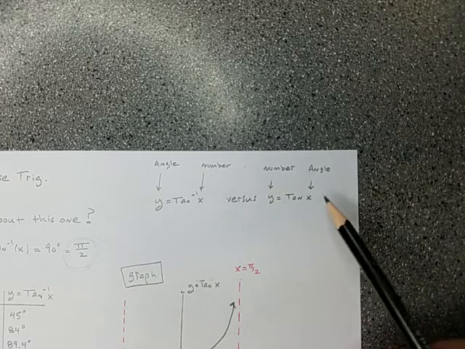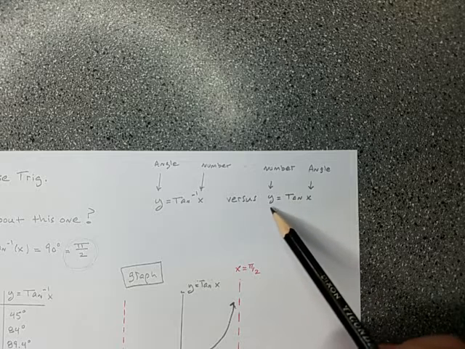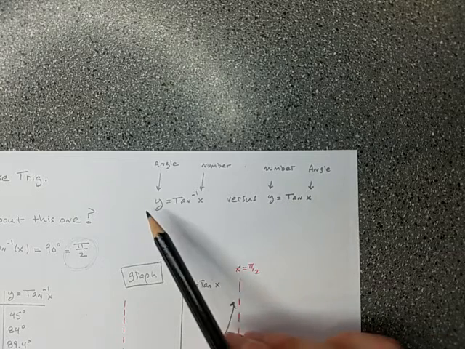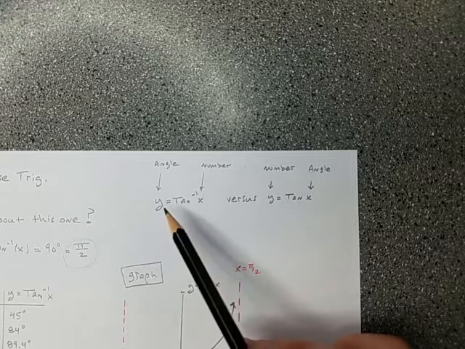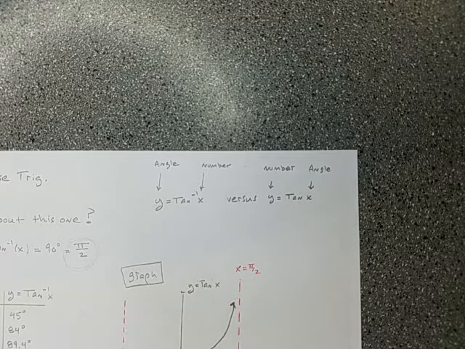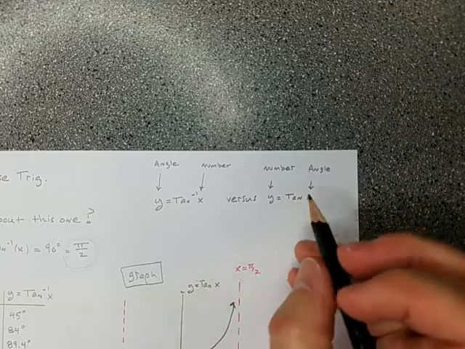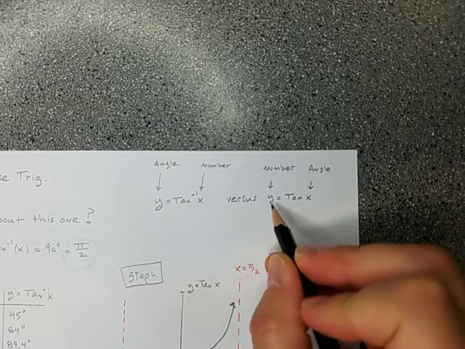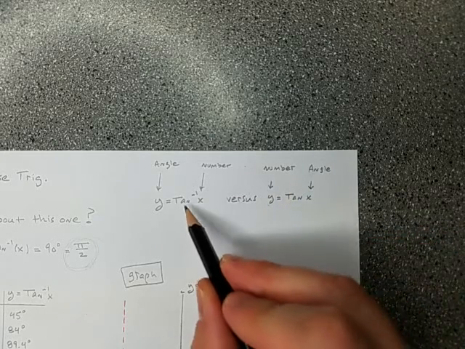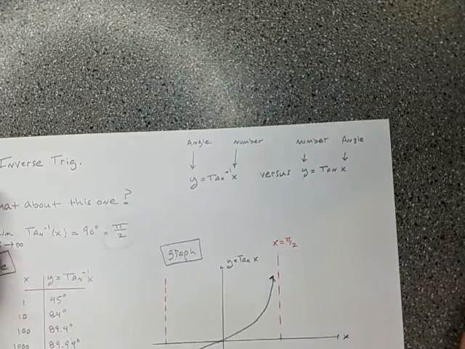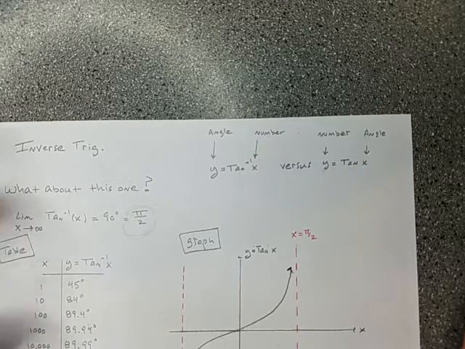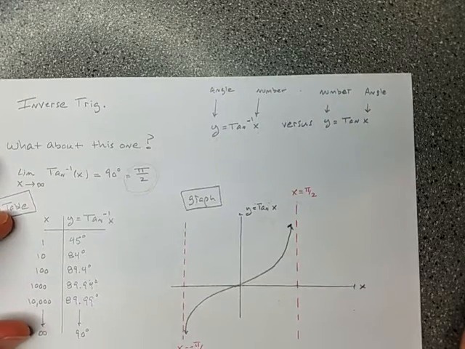In other words, you take tangent of an angle and you get a number. So therefore, you take tangent inverse of a number and you get an angle. Okay. All right. So if you took tangent of 45 degrees, you'd get 1. If you took tangent inverse of 1, you'd get 45 degrees. Now, I wanted to find another way to see this limit. It's a little more sophisticated than the table.